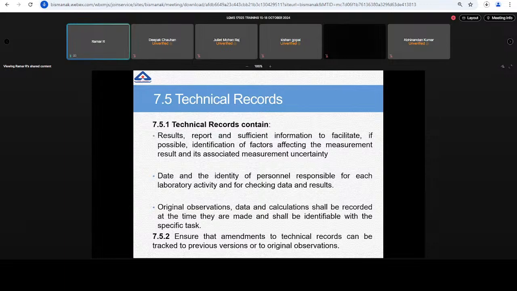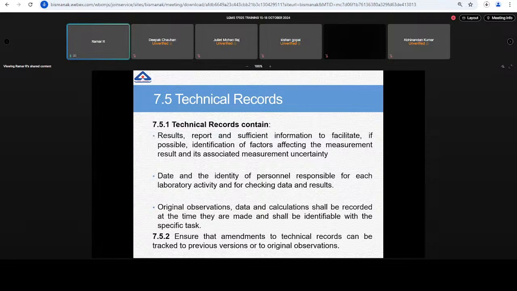Later on it can be reproduced in the original big-size registers. Even a small book must be an official notebook, not an unofficial one, so you have to ensure that whatever observations are made are recorded in the official registers or notebooks only.